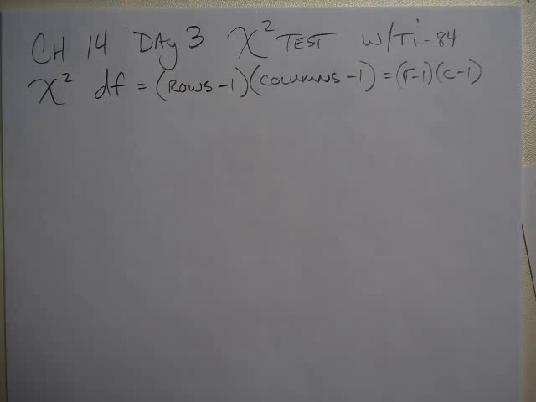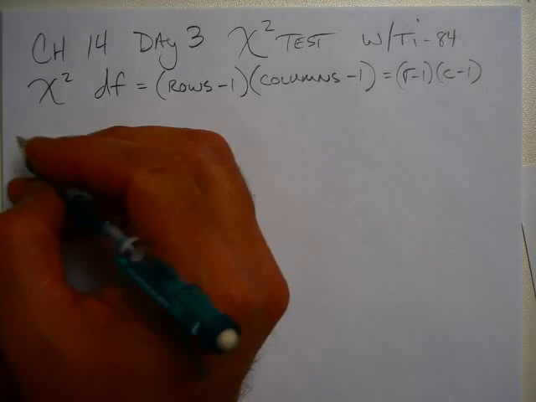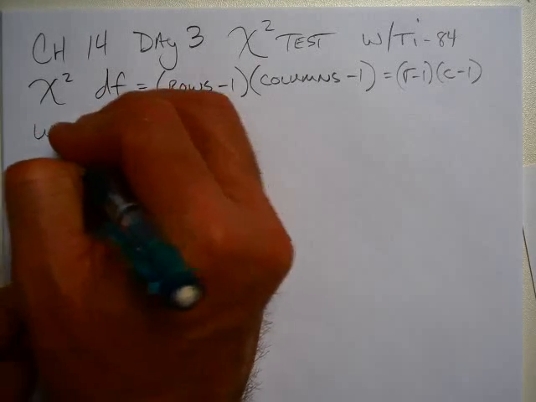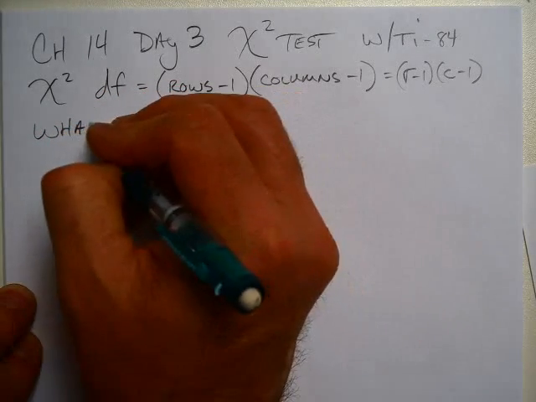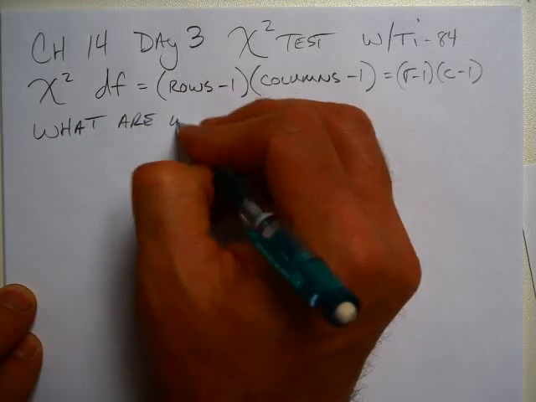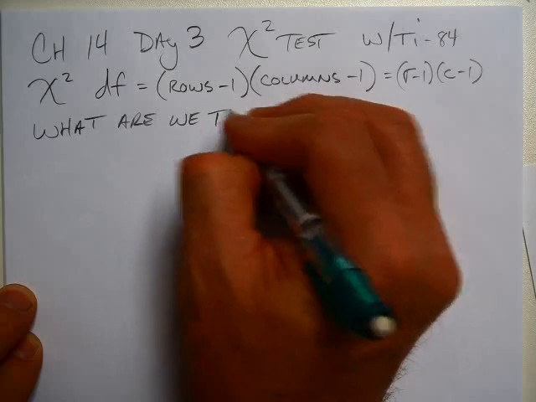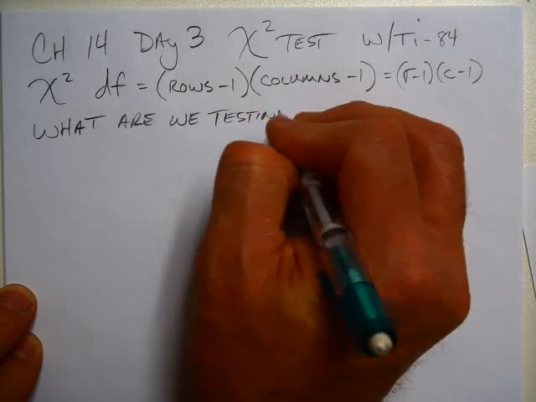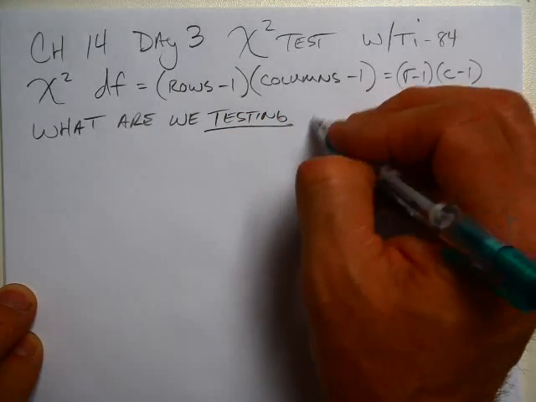Where chi-squared is different, where goodness of fit will only allow two columns, chi-squared will allow as many columns and as many rows as you want. So there's no limit to the number of rows and columns in chi-square. So what are we testing for? I'm sure that's on everybody's lips, right? Testing is the only thing you can do with chi-square.